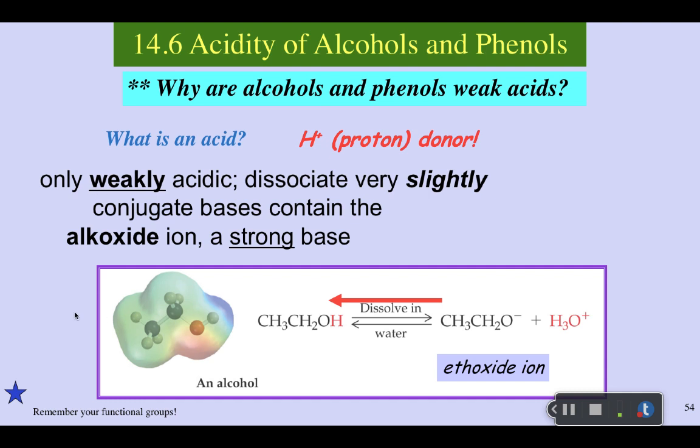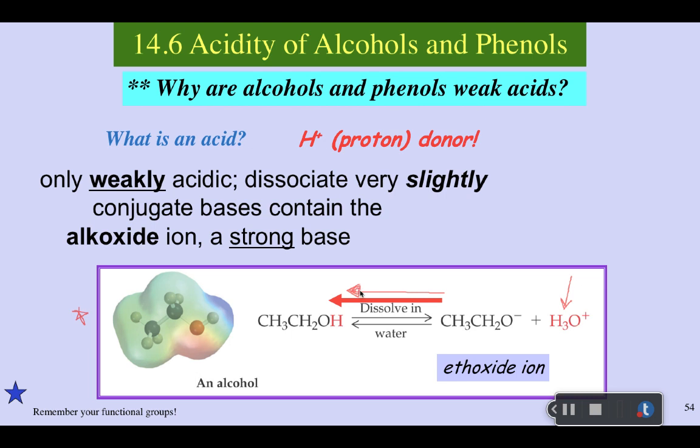Only very weak. And that means that if you're looking at the alcohol as shown at the bottom of the screen here, the alcohol has the ability to lose a hydrogen ion, and the hydrogen ion is picked up by water, making hydronium, and an anion results. In this case, for ethanol, you would get an ethoxide ion. But notice the arrow is significantly only pointing to the left.